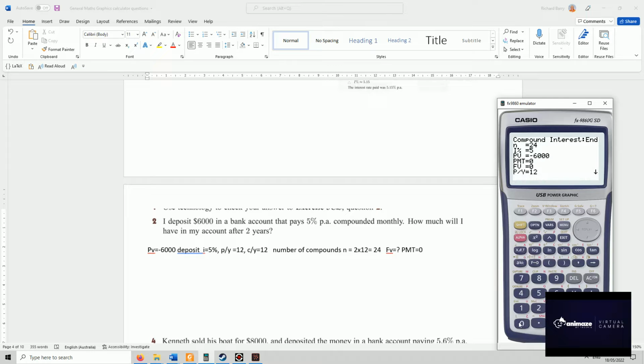So, future value, well, that's what I'm looking for, so currently I leave it at 0. And then move on. 0, enter. Monthly, P/Y is 12. And C/Y will be the same as P/Y. That will change next year, but for us it's good.